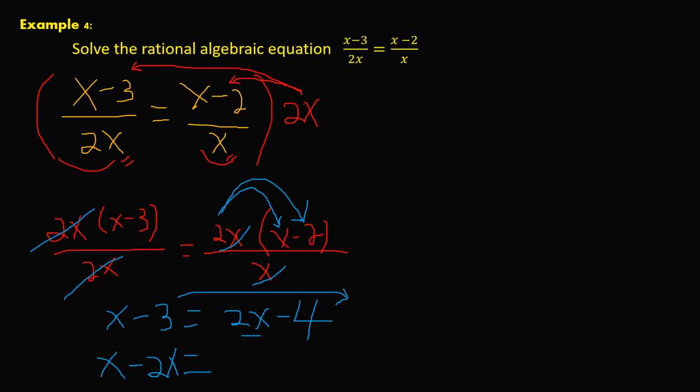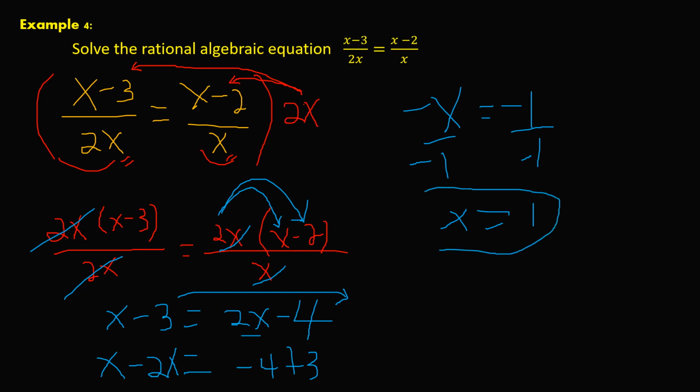It's negative 4 plus 3, and x minus 2x from here, that's negative x equals negative 1. Dividing all by negative 1 to change the sign of x, it becomes positive x equals positive 1.